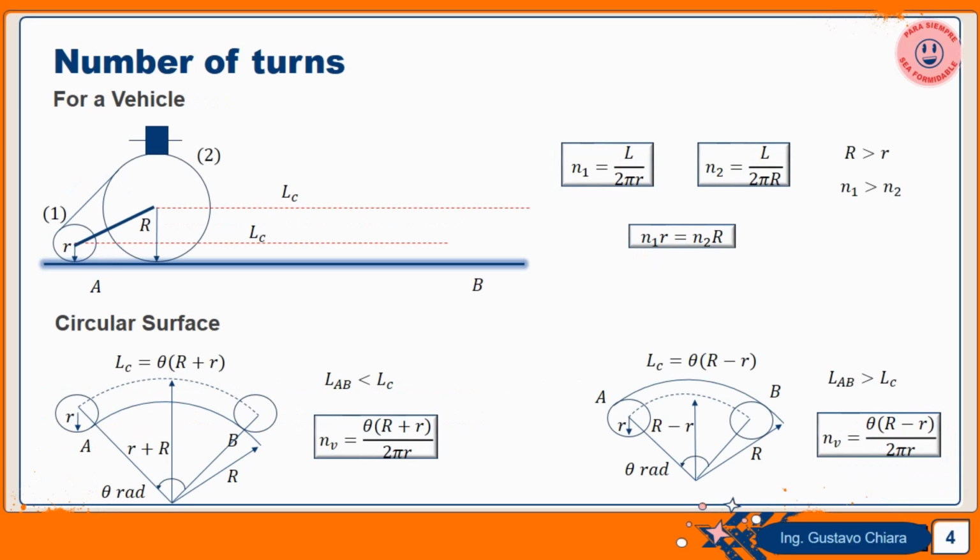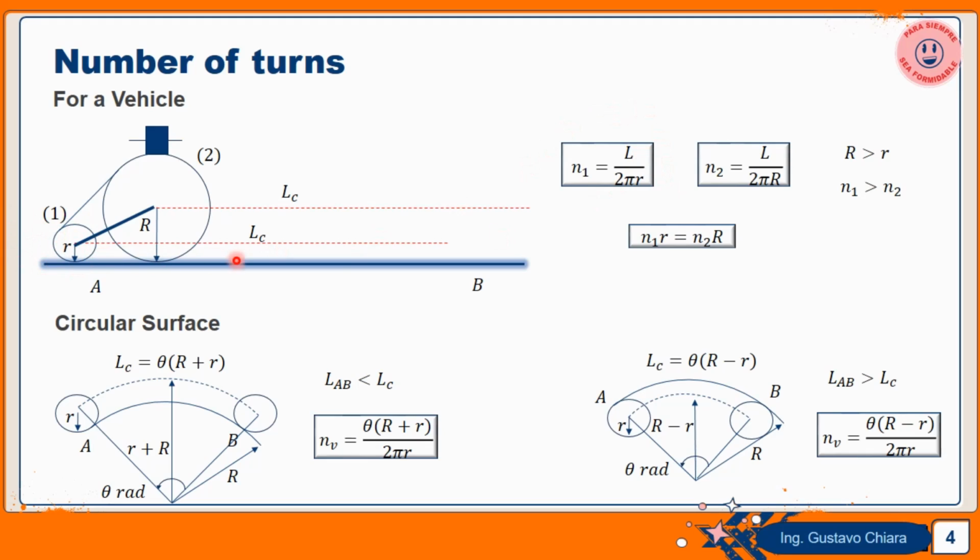In your class you can find any kind of problem. For example, a vehicle, where in the picture you can see a vehicle that has two different wheels. The radius of one wheel is much bigger than the other. But remember that both wheels obviously move the same distance. The number of turns of wheel number 1 is equal to L, the length traveled, divided by 2πr.